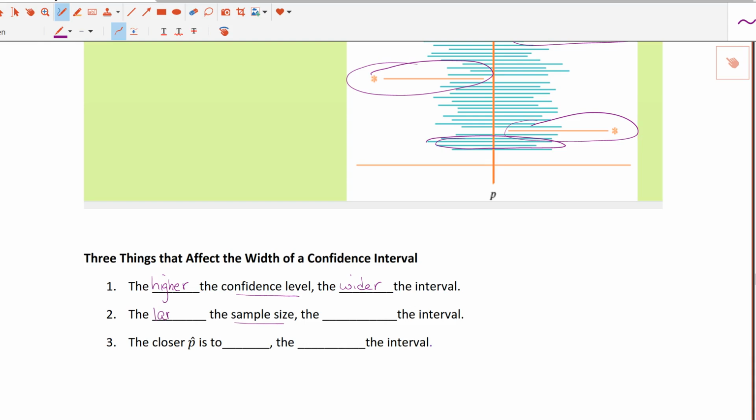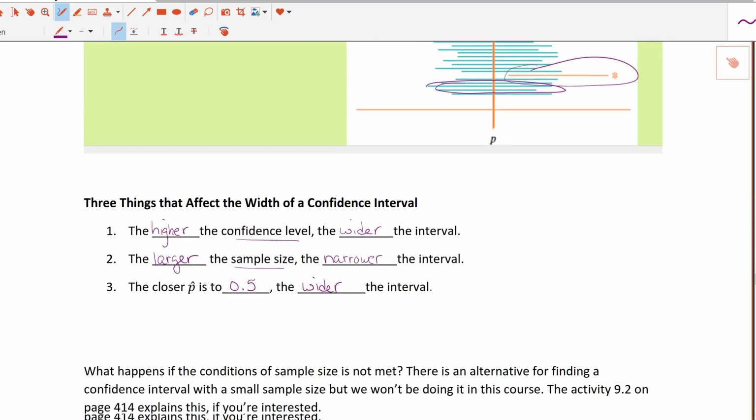The larger the sample size, the narrower the interval, because your standard error goes down with a larger sample size. And remember that the closer p hat is to 1/2, to 0.5, the wider the interval is going to be, because the closer p hat gets to 0.5, the bigger the error is going to be.